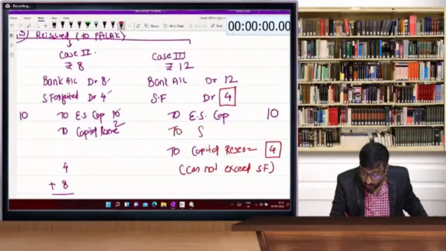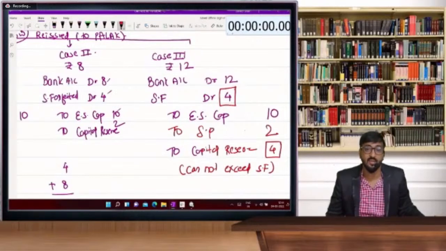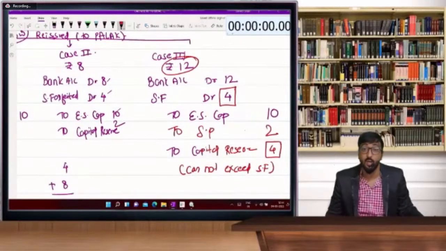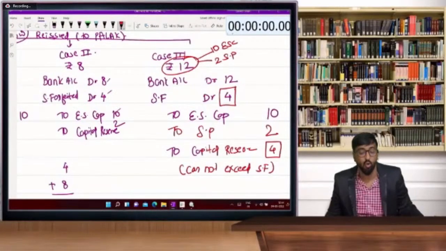And here, to securities premium 2. See beta, this is very, very important. Your profit should not exceed your forfeited balance. And if you collected 12 rupees, it means more than face value. So out of 12, 10 is in equity share capital and 2 is in securities premium.